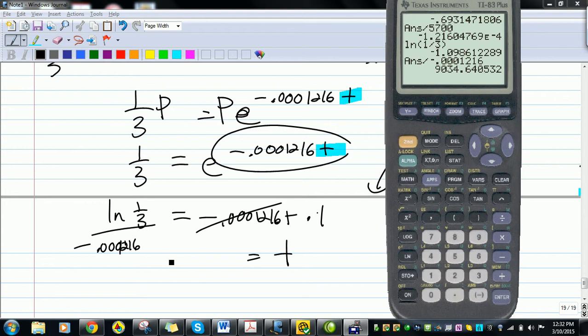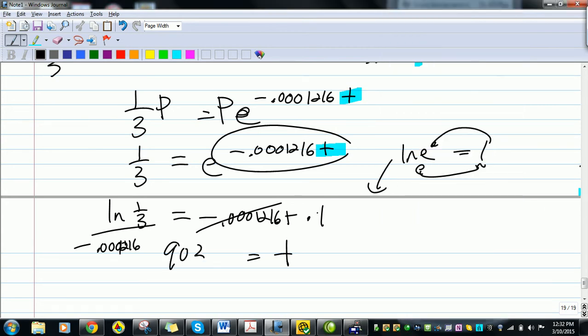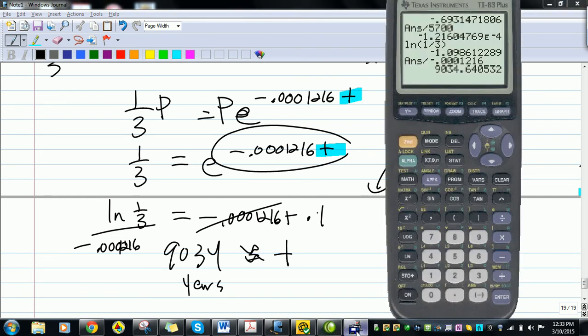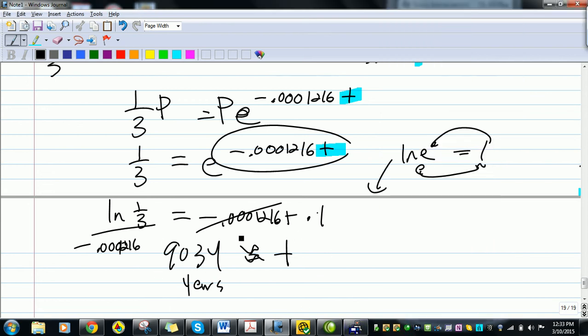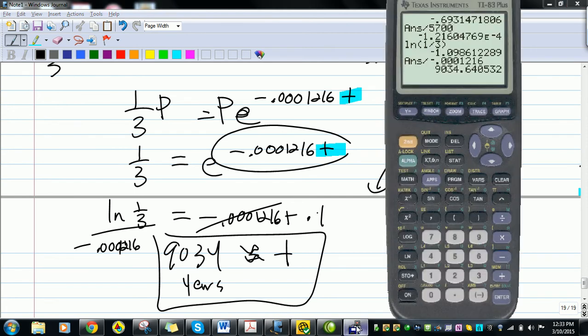And so this fossil is 9,034 years old, approximately. Okay. If it has a third of carbon-14 left in it, then based on what we know about the half-life of carbon and under the assumption that carbon-14 decays continuously and exponentially, we're able to tell that this particular fossil is about 9,034 years old.